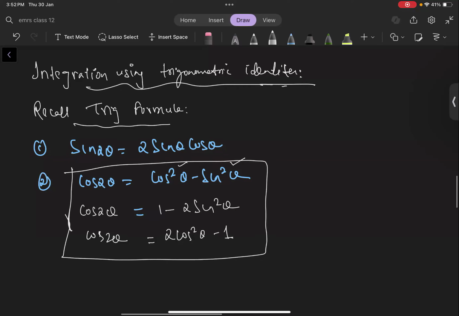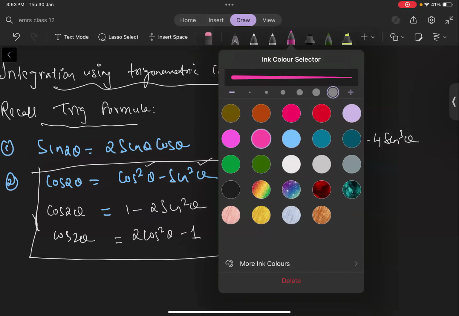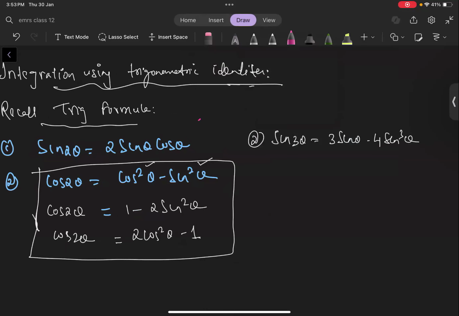You should also know the triple angle formula. So sine 3 theta is nothing but 3 sine theta minus 4 sine cube theta. Now this formula is something which you can remember. There's a trick to remember this formula. Whenever I teach trigonometry in 11th standard, I used to teach them a trick that 7 cube is nothing but 343, right?